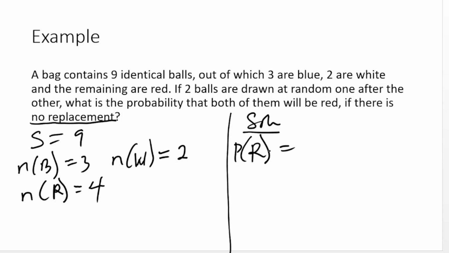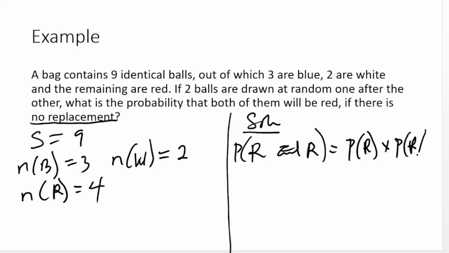So to solve this, probability of both red, probability of red and red, means probability of red times probability of red, given that red has occurred, that is, one has been removed. So in this case, probability of red is 4 out of 9.